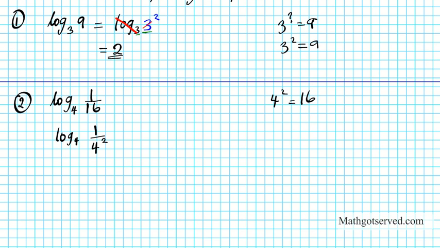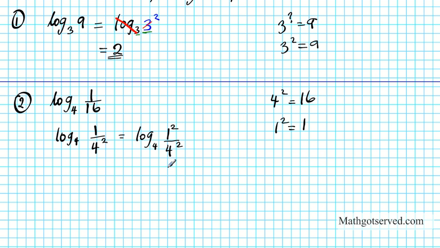Okay? Now, what is 1 to the second power? 1 to the second power is also 1. So in this case, I can write this as log base 4 of 1 squared over 4 squared.